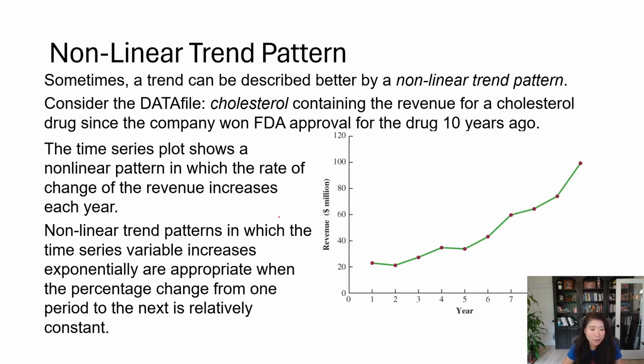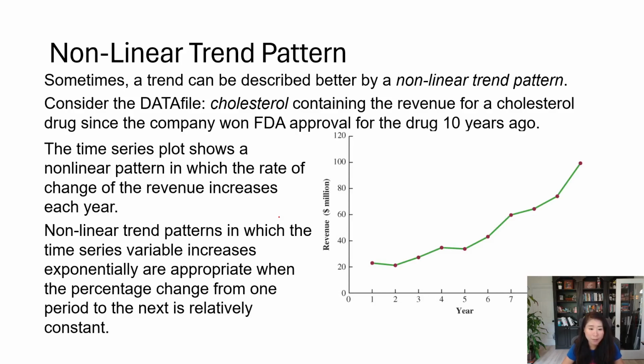Similar to a linear trend, we are able to see upward or downward movement. However, instead of picturing it as a line, we now see a curvature. So sometimes a trend can be described better by a non-linear trend pattern.